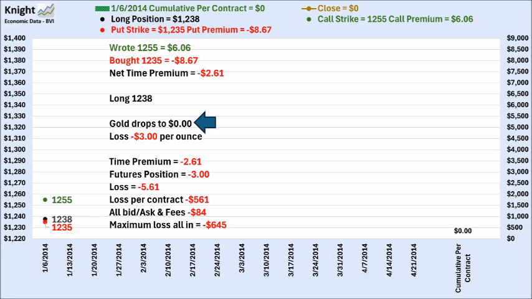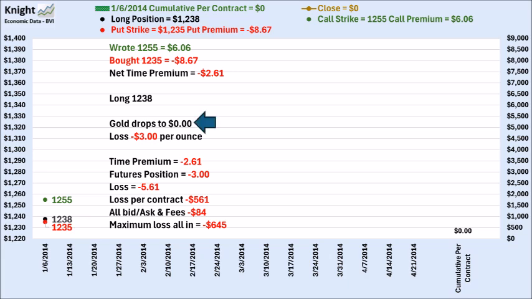If the price of gold immediately drops to and stays at zero, we're long at $1,238 per ounce. Contract value, $123,800. We own the $1,235 put, which gives us the right, without the obligation, to deliver our $1,238 long to the $1,235 put we own.